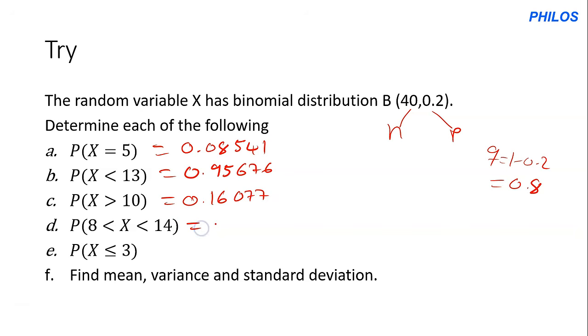And then for question D, you're going to get 0.24881. And then question E, you get 0.02846. And then for question F, I won't tell you the answer. Try as much as possible to get the answer. But make sure you work A to E properly to check if your answer is the same as mine.